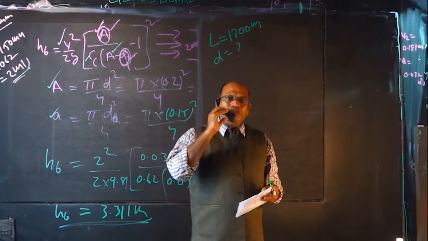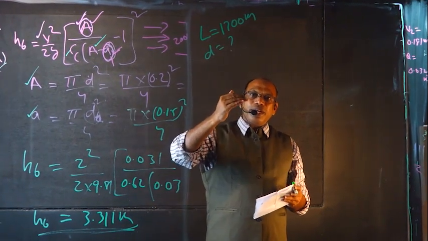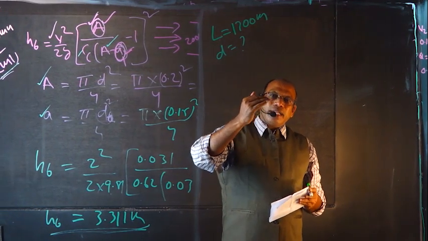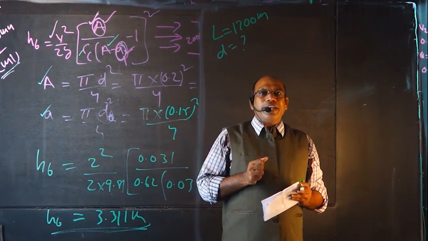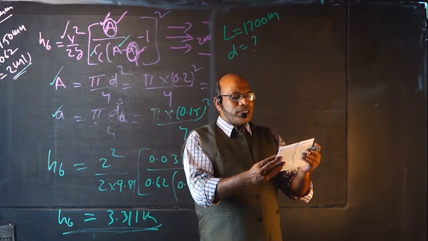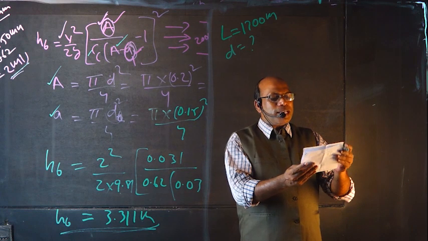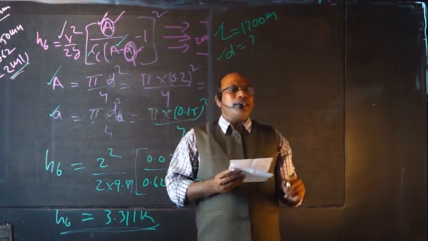In this problem, they have given 3 different lengths of the pipes and 3 different diameters of the pipes that are connected in series. Also, they asked that the 3 pipes are to be replaced by a single pipe of length 1700 meters. So what is the diameter required?